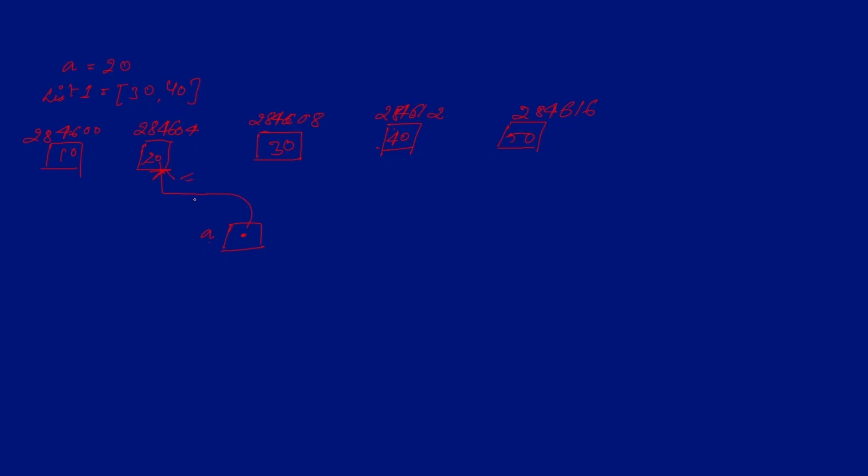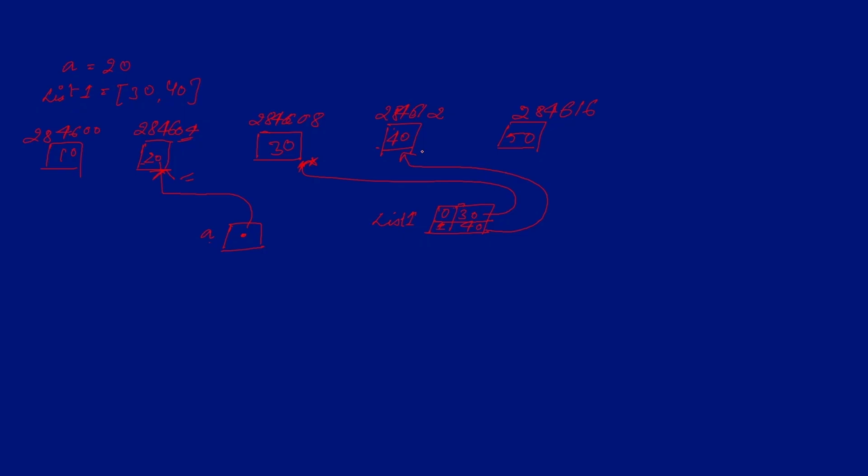We will not say that a is storing this particular value. a is referring to this particular memory location 284604 where 20 is stored. And list1 has two elements, 30 and 40. So 30 is referring to this particular memory location and 40 is referring to this particular memory location.